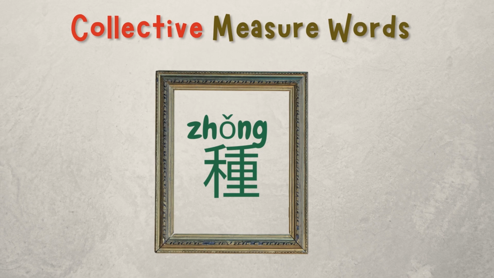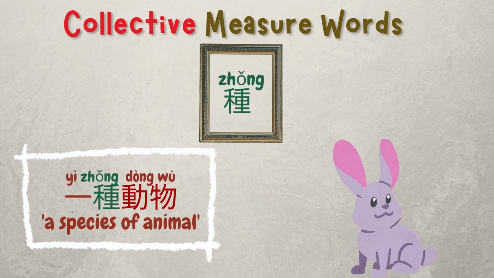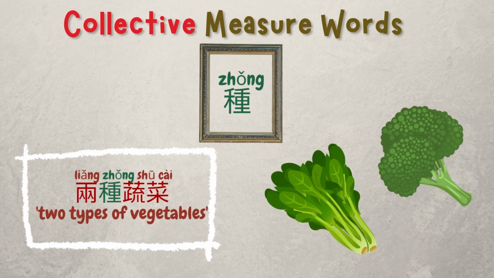In addition to describing a type or kind of something, 种 can also be used to count the number of different kinds of something. 一种花, a type of flower. 一种动物, a species of animal. 两种蔬菜, two types of vegetables.